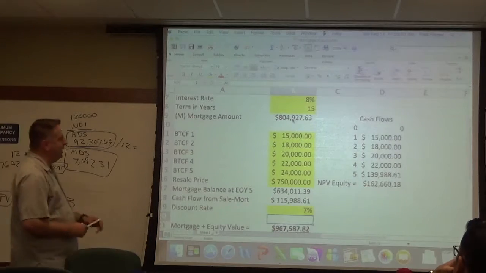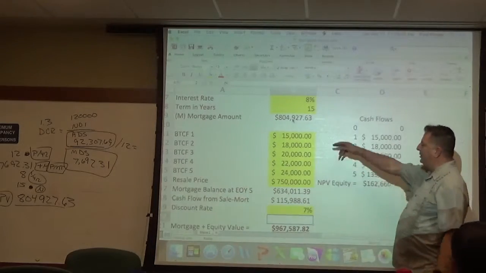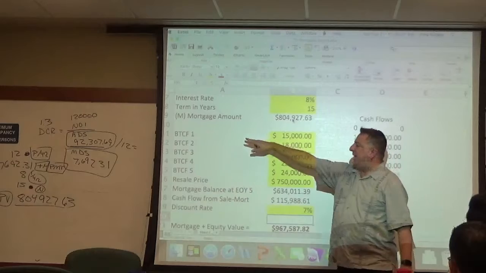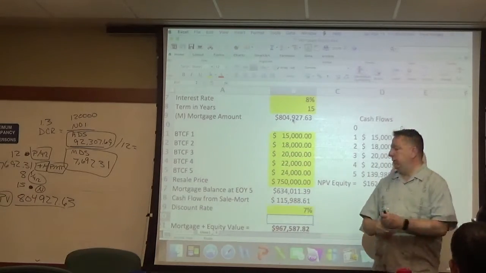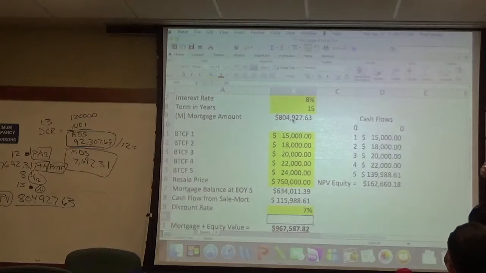for the equity piece, you're being given the cash flows that the property is generating on a before-tax basis, meaning what? In other words, after NOI and debt service have been taken out.